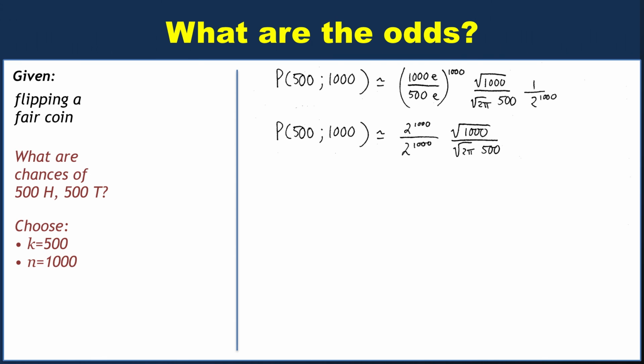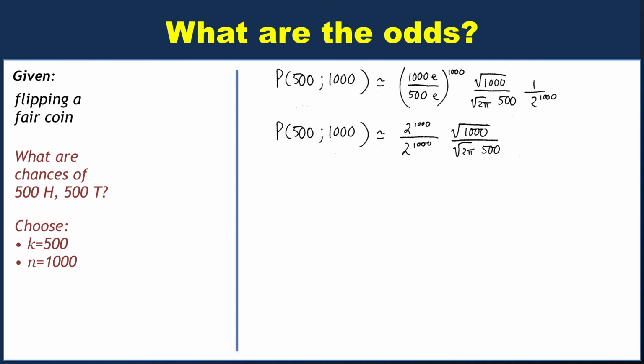That's nice, and the reason that's nice is because we actually have another factor of 2 to the 1,000, this time in the denominator. So those two are actually going to cancel. It worked out nicely that I picked P500 and not P501. That would have made our lives a little bit worse. But in this case, we can do the calculation in a relatively straightforward fashion. The answer is just going to be the square root of 1,000 divided by the square root of 2 pi times 500.